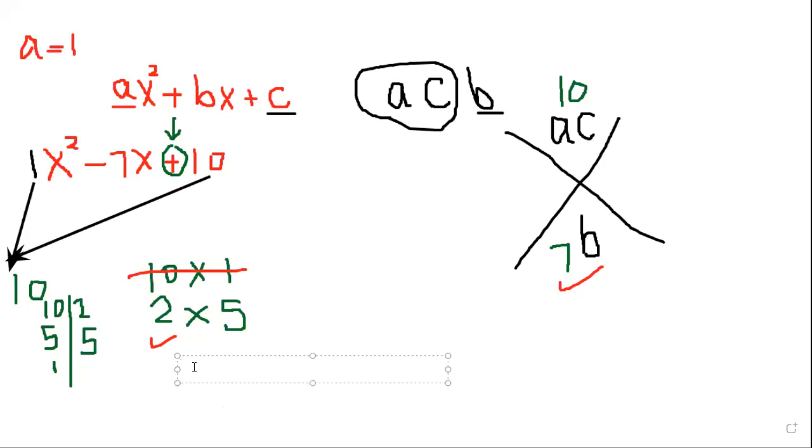Both parentheses, so I have x minus 2 and x minus 5. So this is the first point, okay?